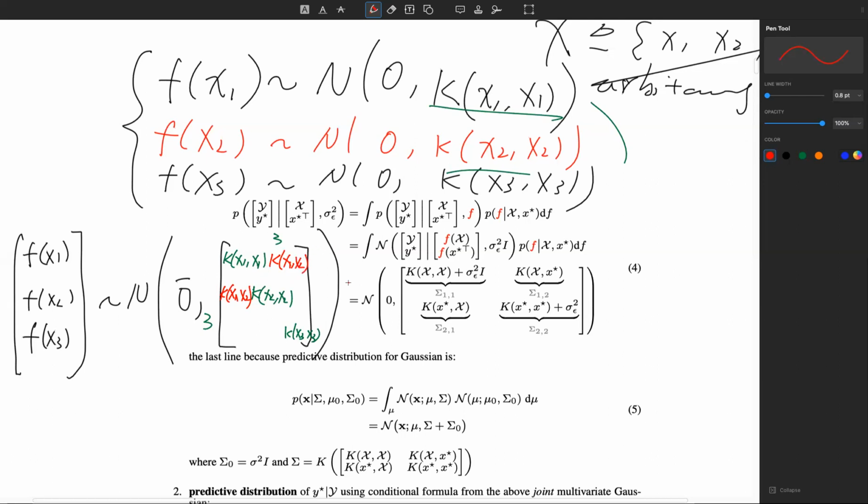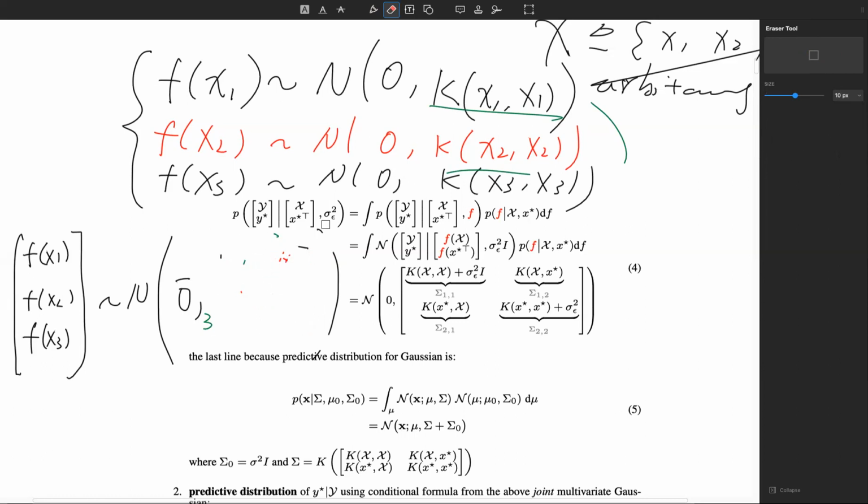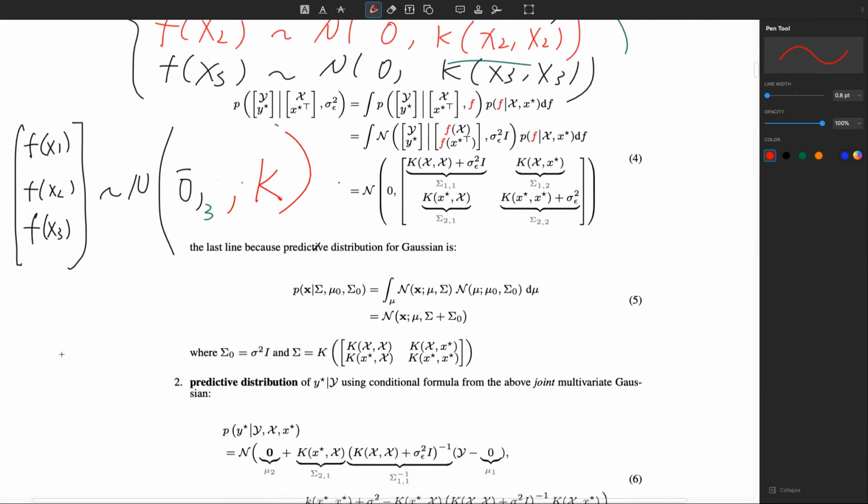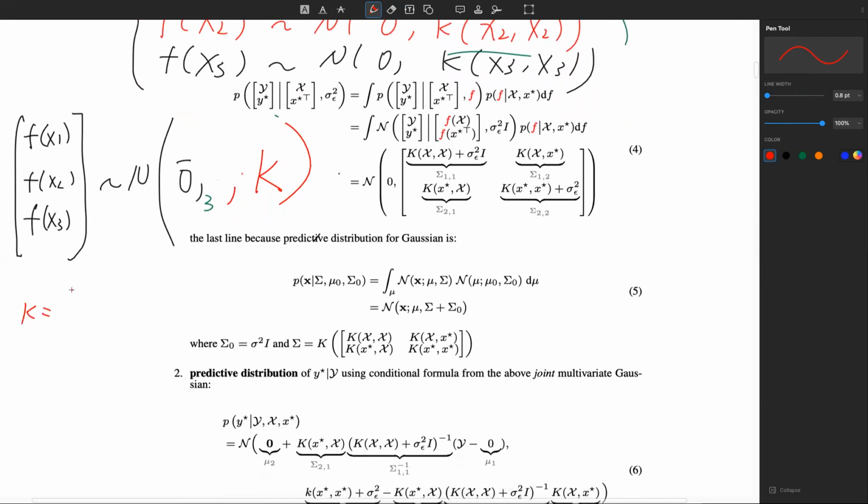Sorry, I'm not writing it properly, so maybe I should have a bigger space and write it like this. I just say K is equal to... It takes too long to write, but you get the idea.